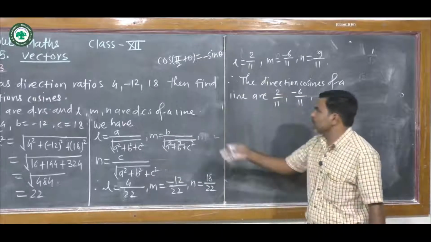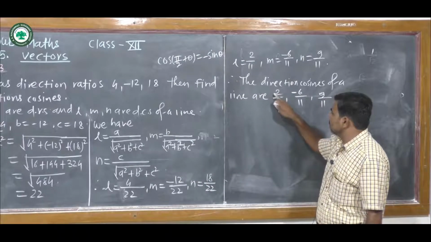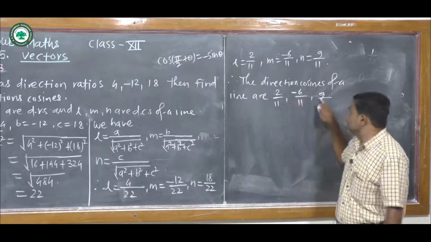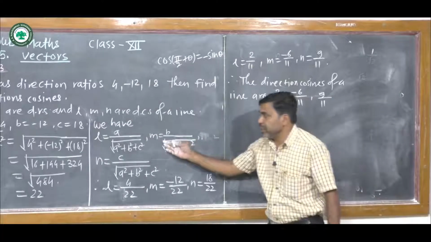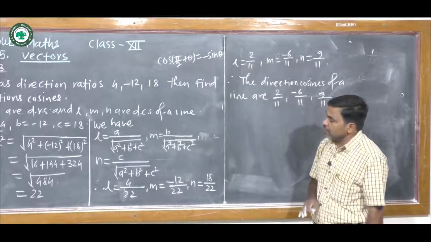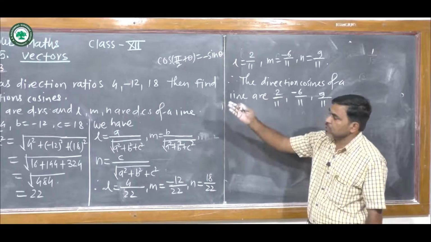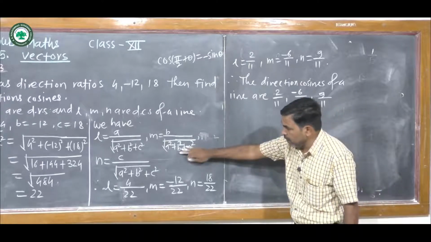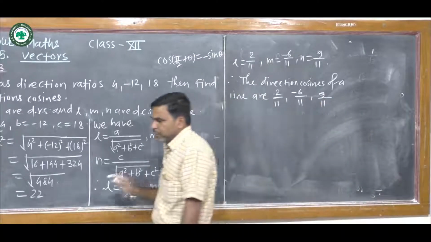If we take plus or minus, then the second set we get becomes minus 2 by 11, plus 6 by 11 and minus 9 by 11 if we take the formula with negative sign. But always, if direction ratios are given and direction cosines we have to find out, at that time take the formula with plus sign. So this is the complete solution for this question.